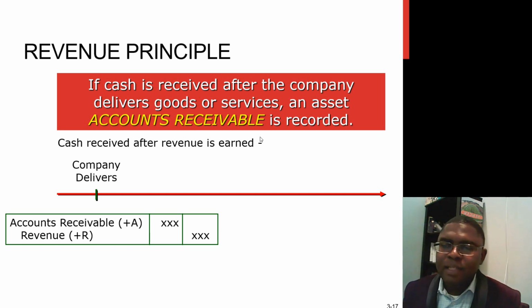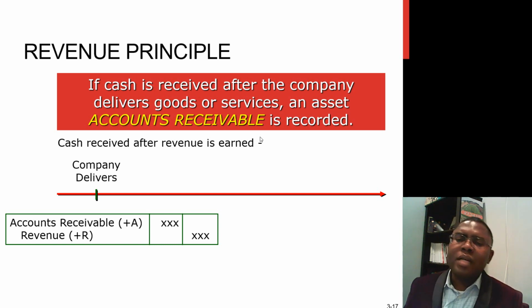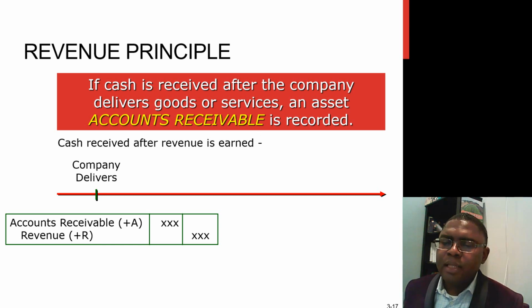So the goods and services have been delivered. The company is going to recognize revenue, and this is how we are going to journalize this transaction. Again, accounts receivable is an asset. Asset is increasing, so it is going to take a debit balance. And then we also have revenue that has been recognized.